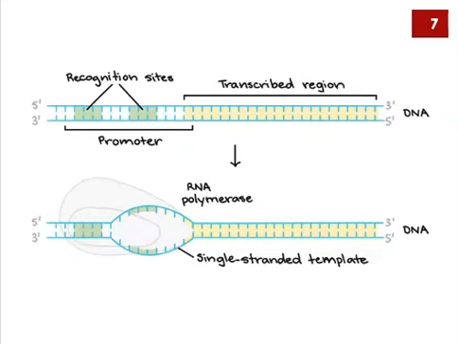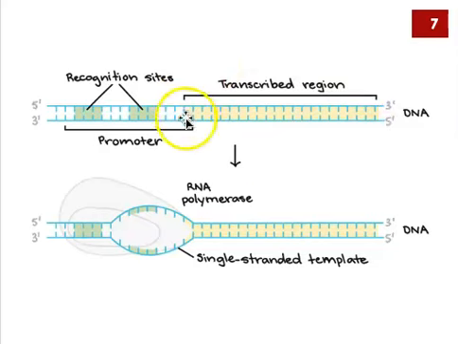In this slide, we're going to pick up where we left off at the end of the last video, talking about the initiation phase of transcription. In the last video, we talked about this particular length of DNA that represents a gene.